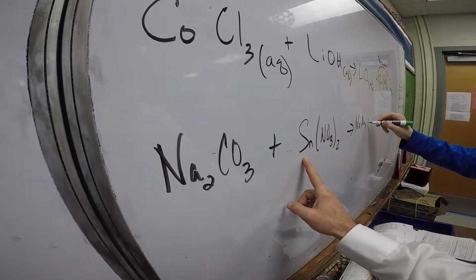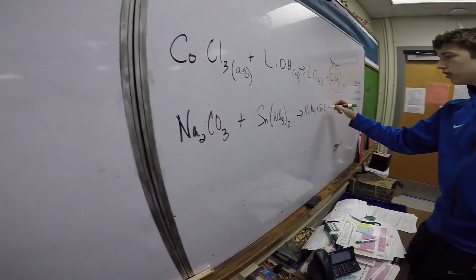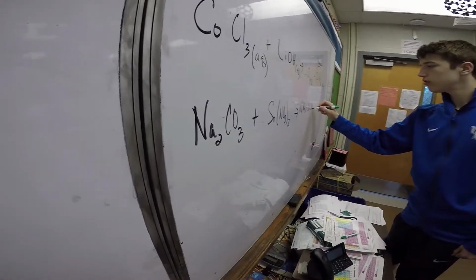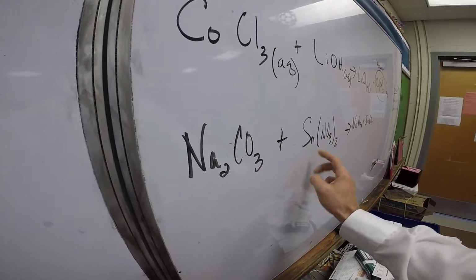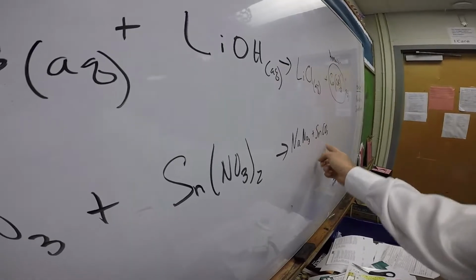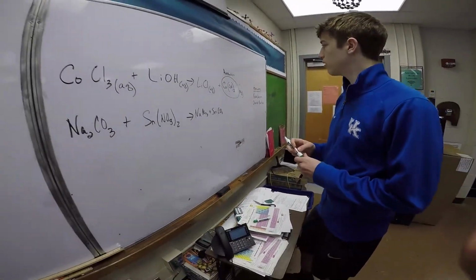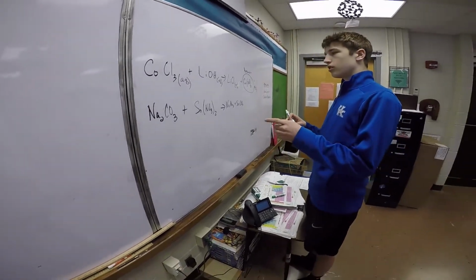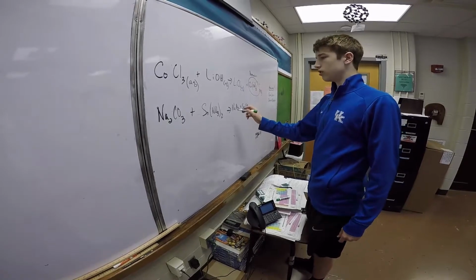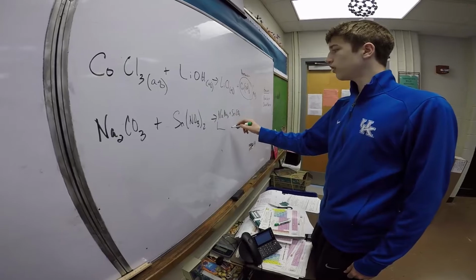Sn plus Sn. Now CO3 has a 2 negative charge because we know this is 1 positive and this has a 2 positive, so it's just going to be SnCO3, right? So now we have to balance it. Can you balance it for us? Would I do the whole thing? The whole thing.